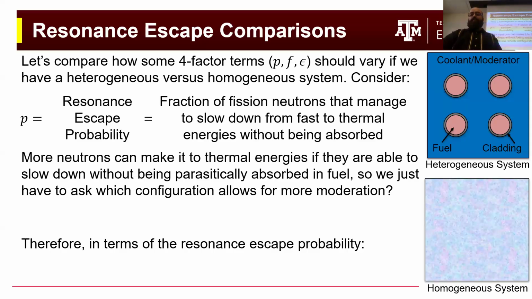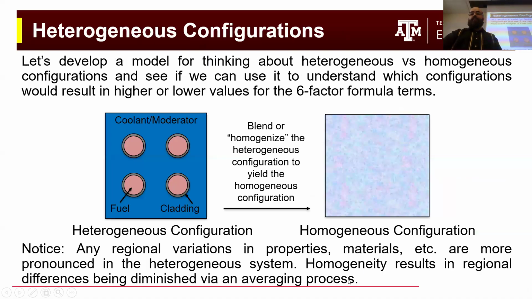So what we were saying before is that if it's homogeneous, then any regional differences are diminished. What that means is, in the center, it's all moderator here. If I'm a fast neutron moving through the center of this heterogeneous configuration, I'm going to experience a lot of moderating because I'm only moving through moderator. As I'm in this region, there's no fuel or cladding or anything else.